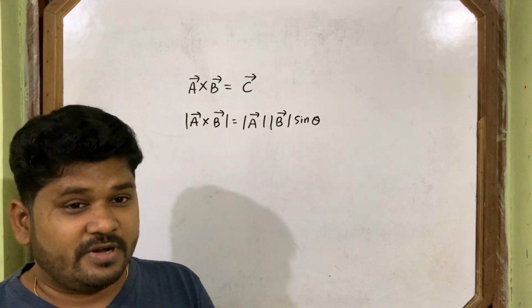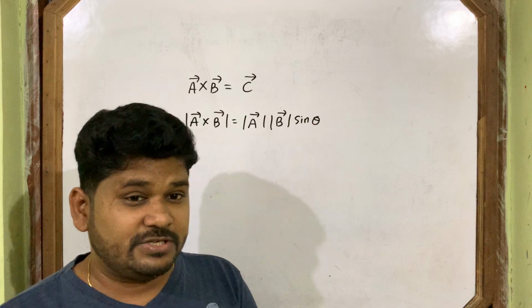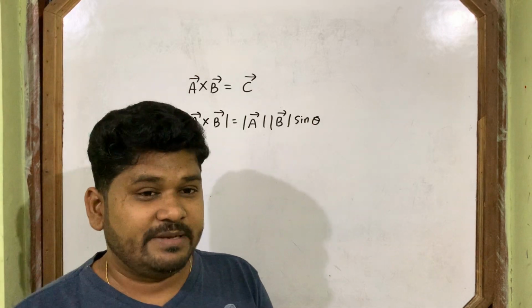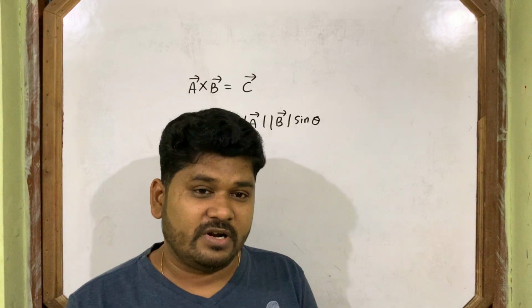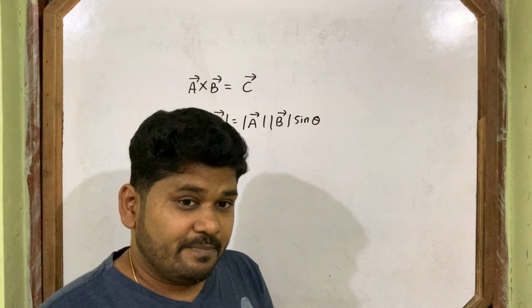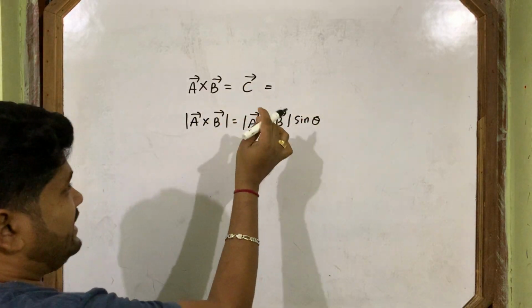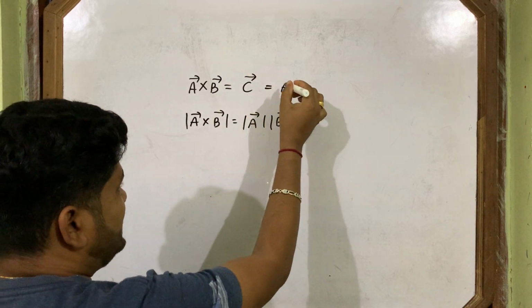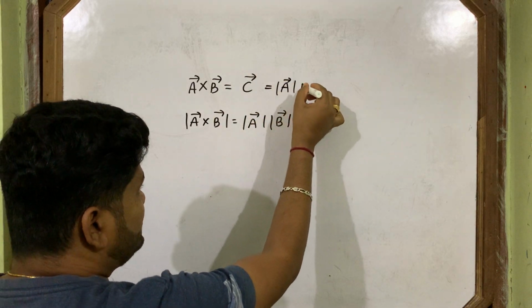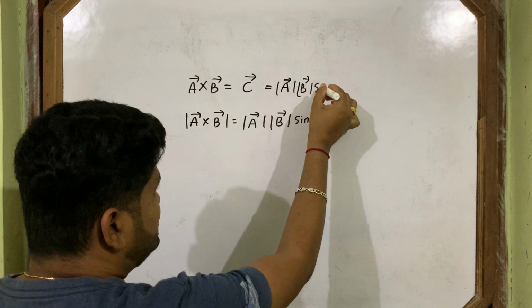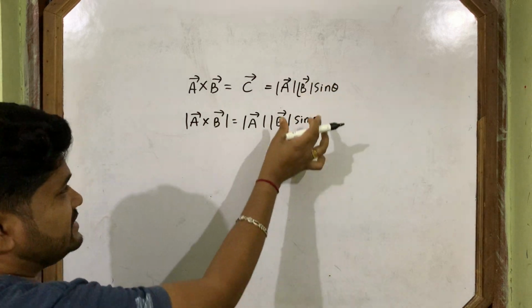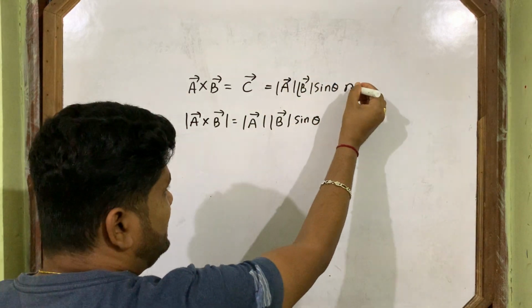So if you remember the comparison, you can easily remember the formula for the dot product and cross product. But the extra thing here is that the result is a vector. So we'll write |A||B| sin theta, this is the magnitude part, and n cap.